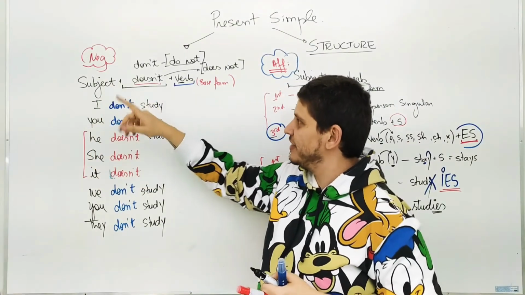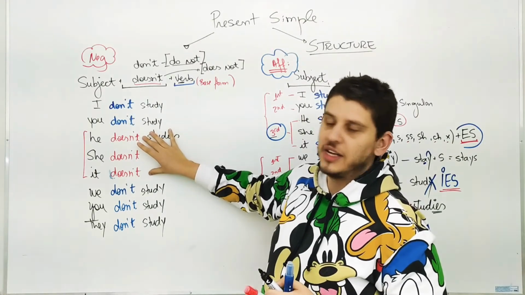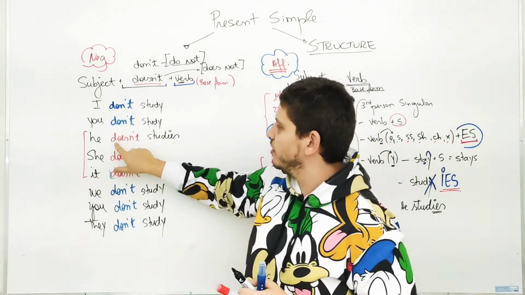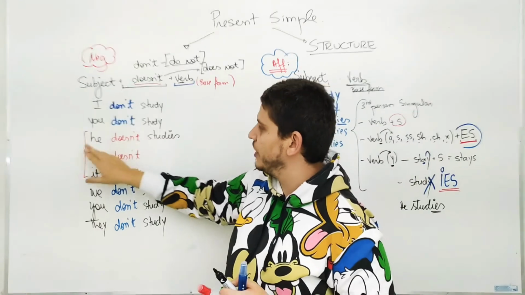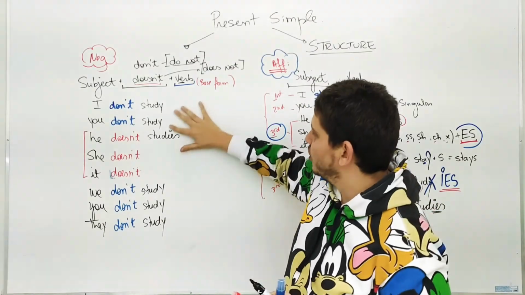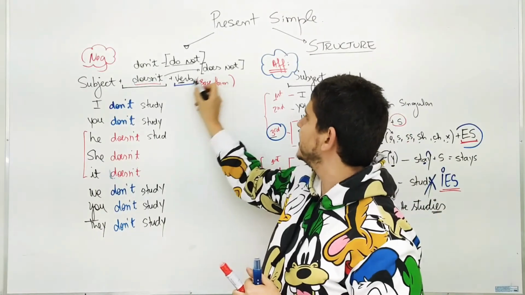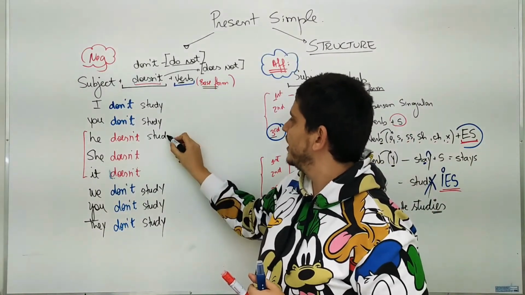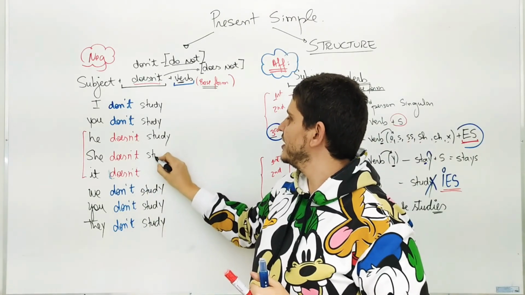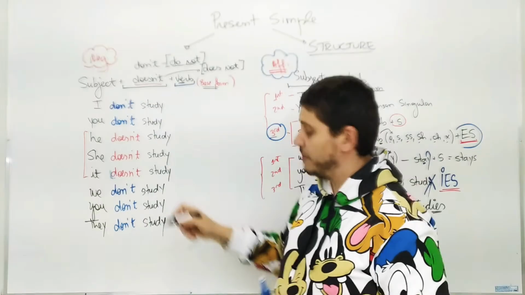Because in the negative, you see that doesn't is already marking the difference. Doesn't is already showing us that it's all about a third person singular. So in this case, we don't change the verb. The verb remains in the base form. Study. She doesn't study. It doesn't study.